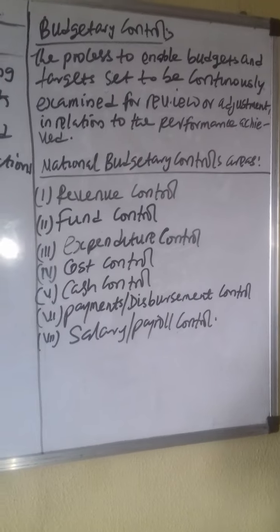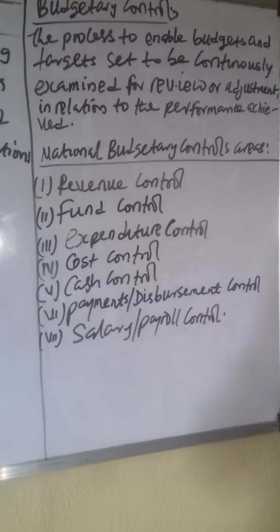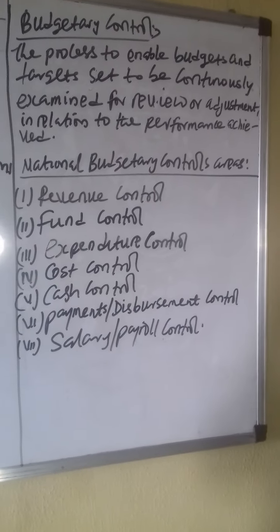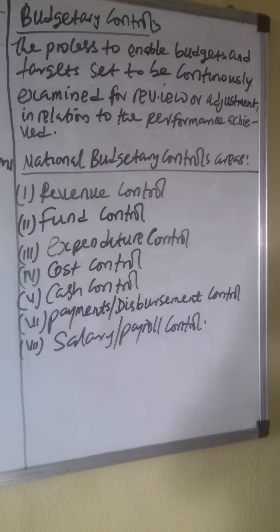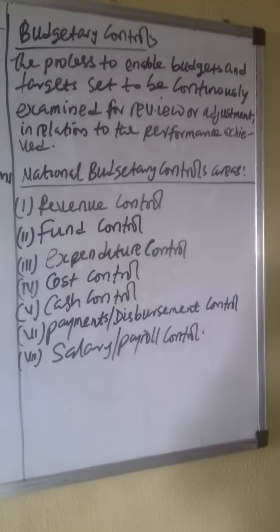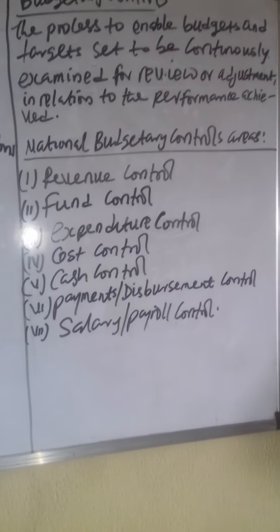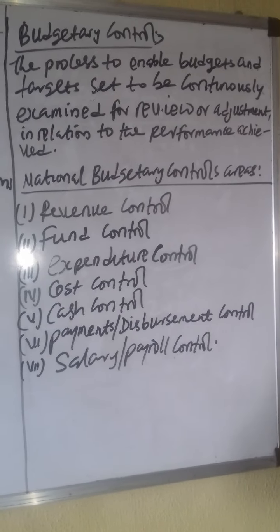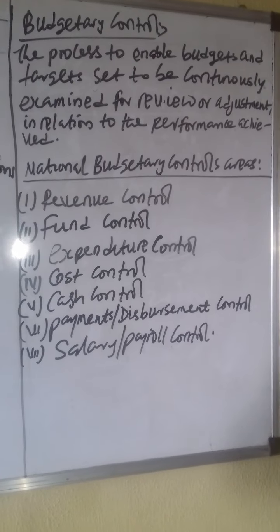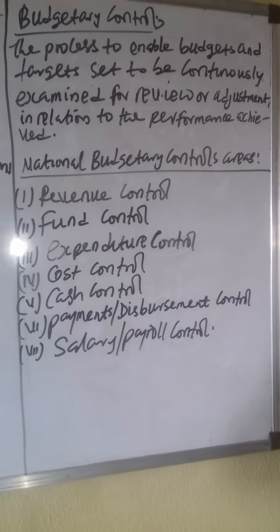Cash control ensures that there's no loss of government funds or loss of cash. The cash of government is regularly lodged to the bank, and limitations and authorizations are also set for those officers in charge of spending government cash or government money.